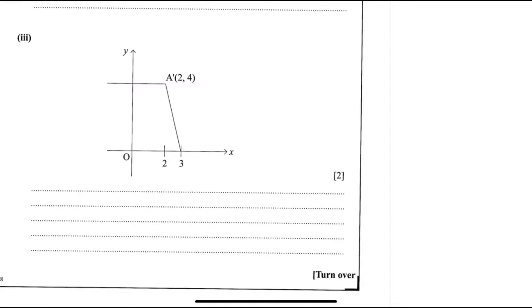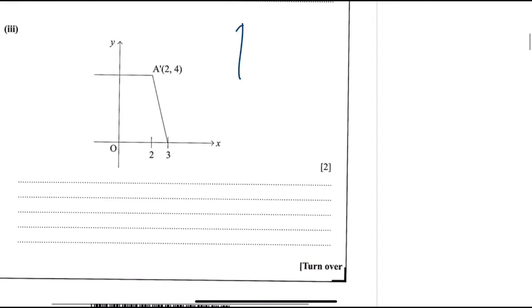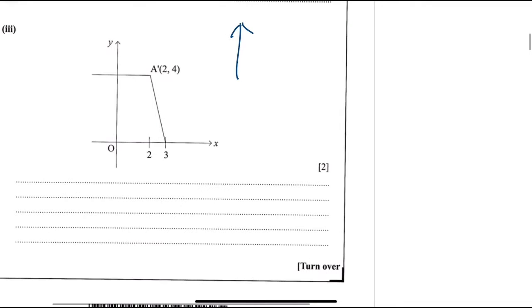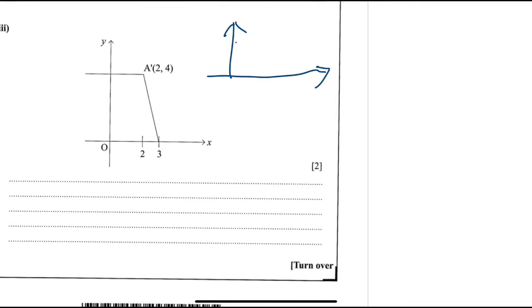That should have been 6. So the original graph, let me just sketch this. The original graph was like this. So that was 4, 4. And that was the point 6, 0. So that has moved in by scale factor 2. Yep, that's all it is.